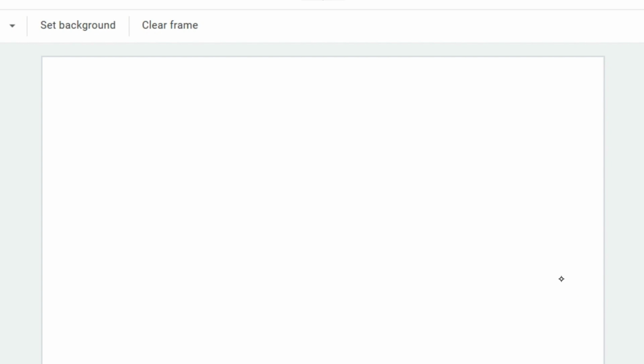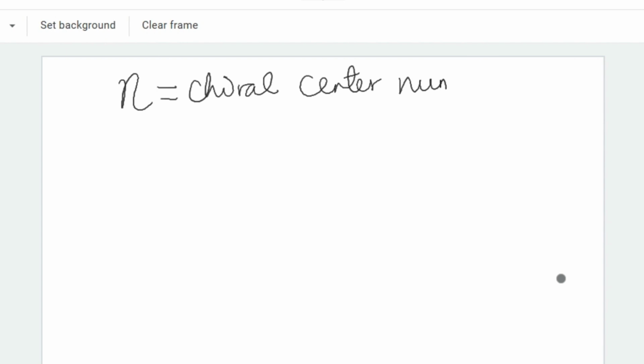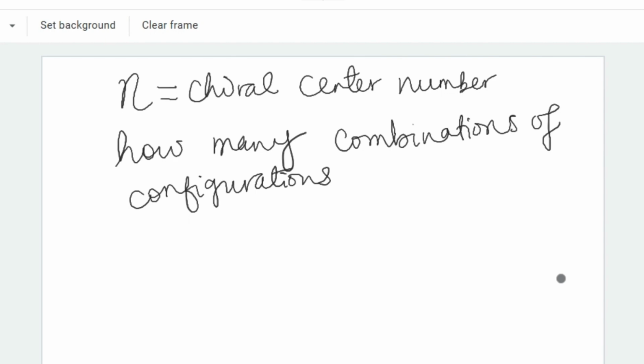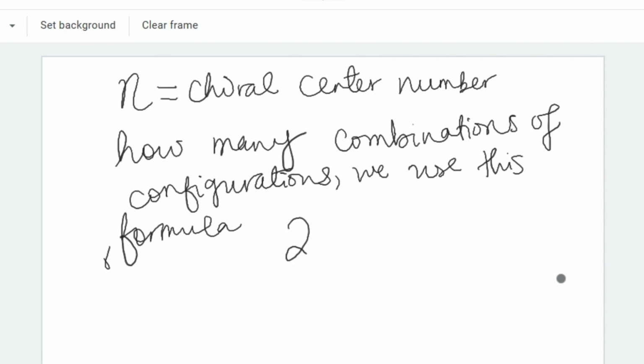But one thing you need to know is this: if you're given a molecule and you're able to identify that the molecule has n number of chiral centers, so imagine the number of chiral centers equals n, in order for you to know how many combinations of configurations there are, we use this formula: 2 raised to the power n.